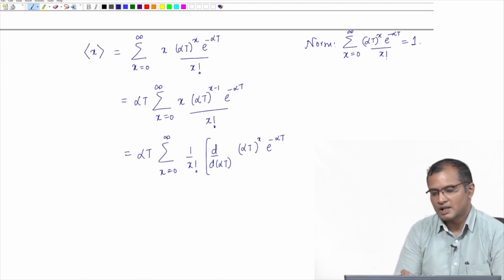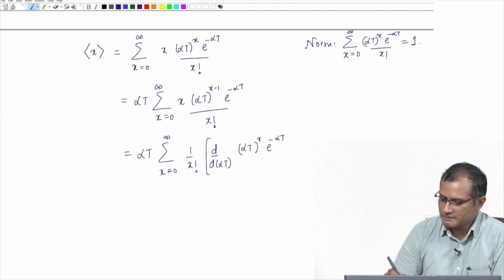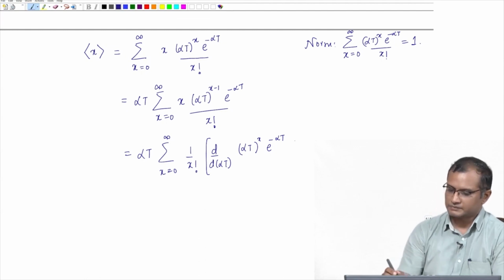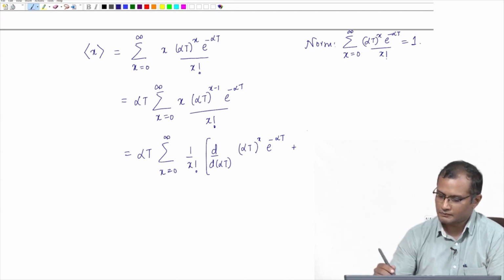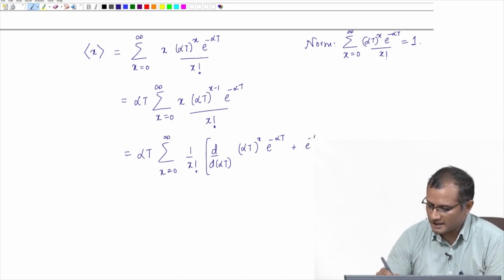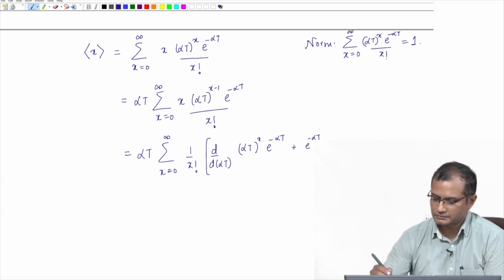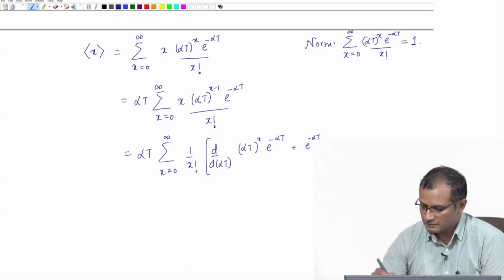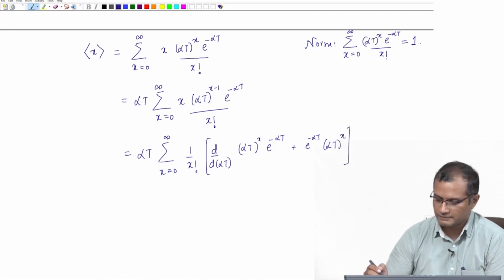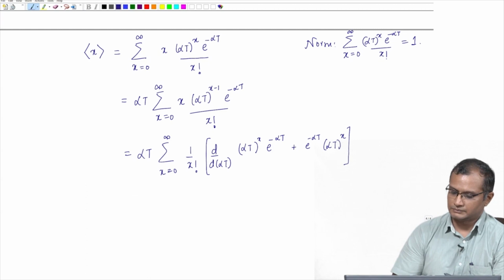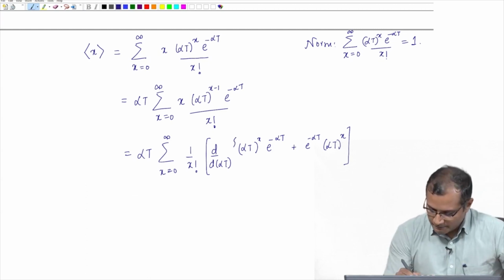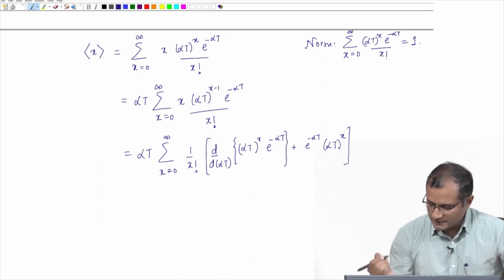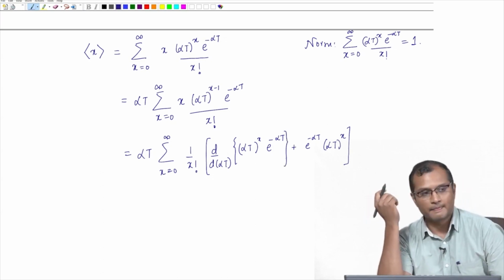So, by chain rule I will have 2 terms here. So, I need to subtract or add e to the power minus alpha t into alpha t to the power x. Okay. So, if you like, I can keep this thing inside a curly brace, right.